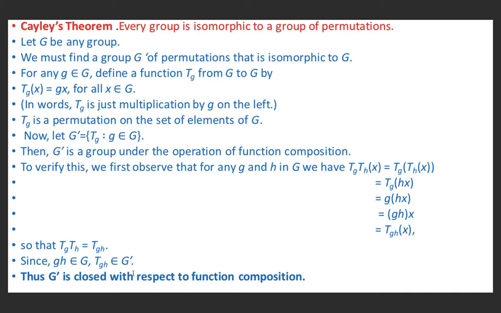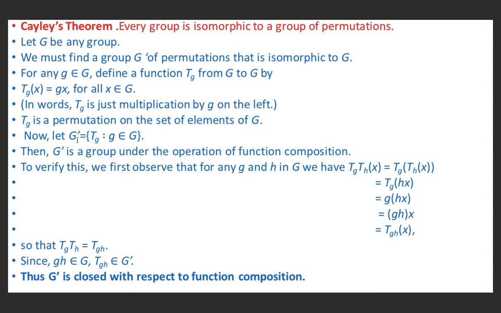We must find a group G dash of permutations that is isomorphic to G. For any g belonging to G, define a function T_g from G to G by T_g(x) equal to gx for all x belonging to G. So T_g is just multiplication by g on the left to the element x belonging to G.